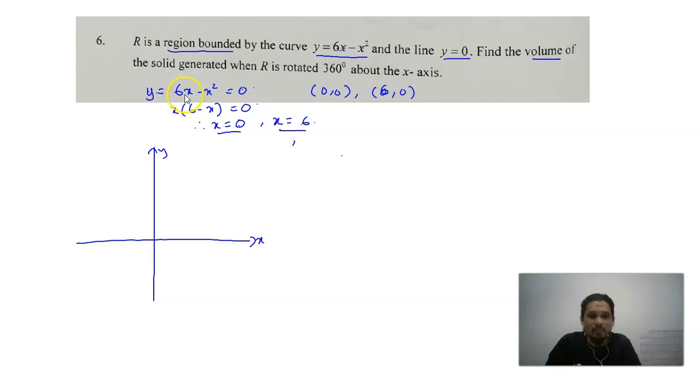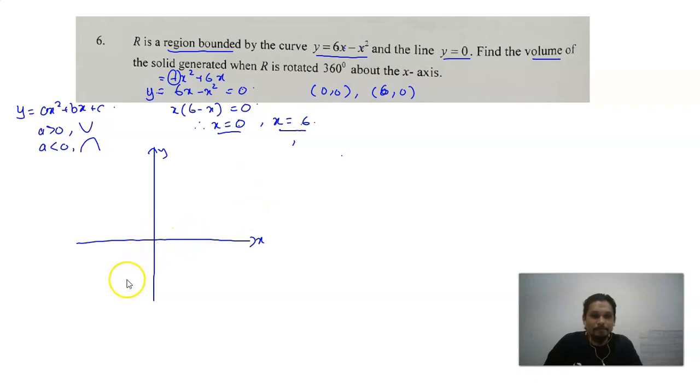For this graph, y equal to 6x minus x squared, if we change the position to negative x squared plus 6x, from y equal to ax squared plus bx plus c, with a greater than 0 or positive, the graph comes up as a smile graph, or a less than 0. So at this moment, a, the coefficient of x squared, is equal to negative 1, less than 0, the graph will come up as a frown graph.